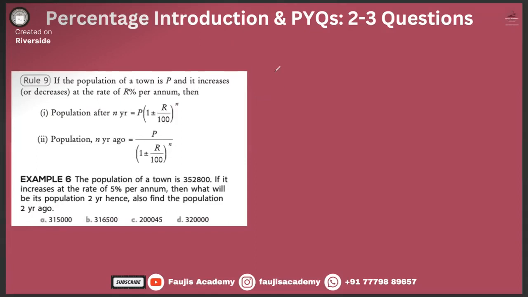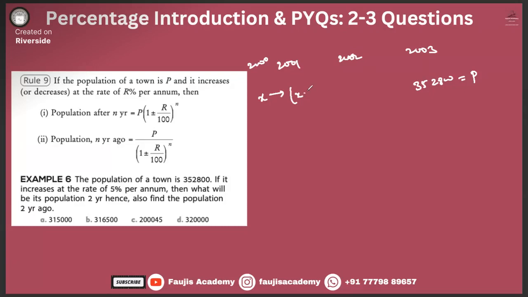Look, let us say 2000, 2001, 2002, 2003. The 2003 population is 352,800, which is equal to P. We don't know what the earlier population is. We assume that the population over here was X. From here to here, it must have increased.